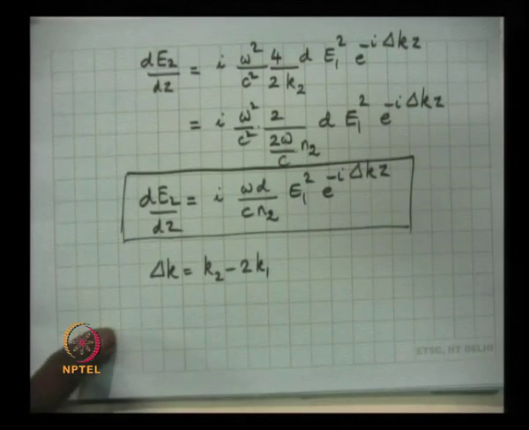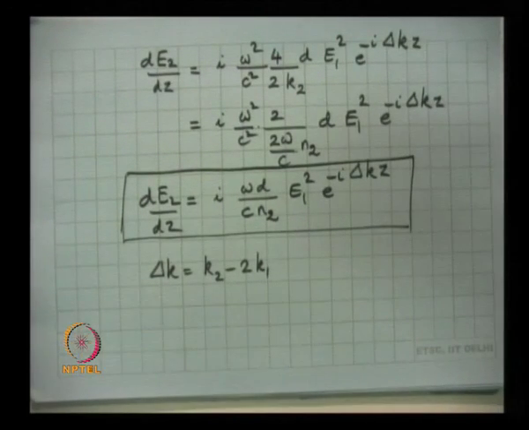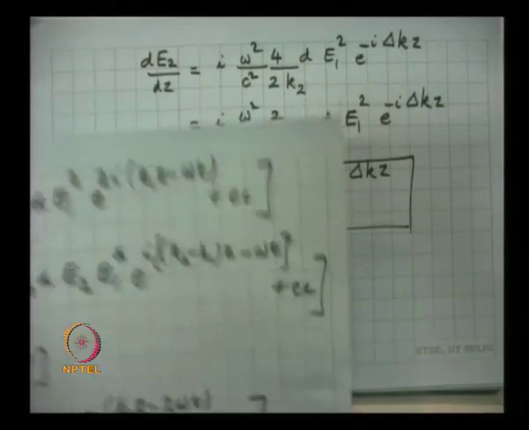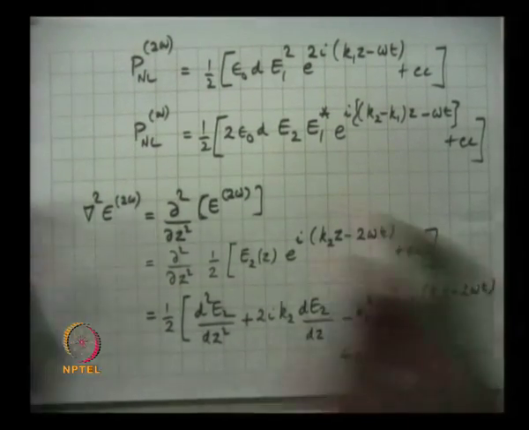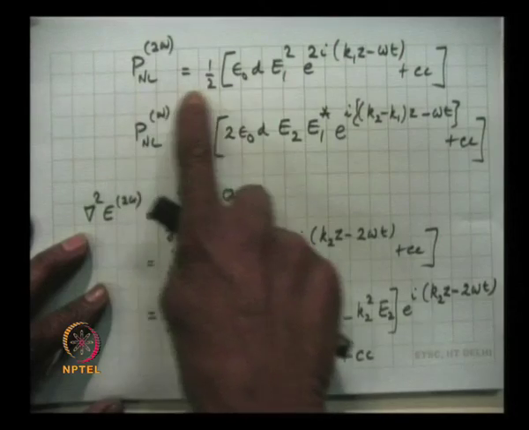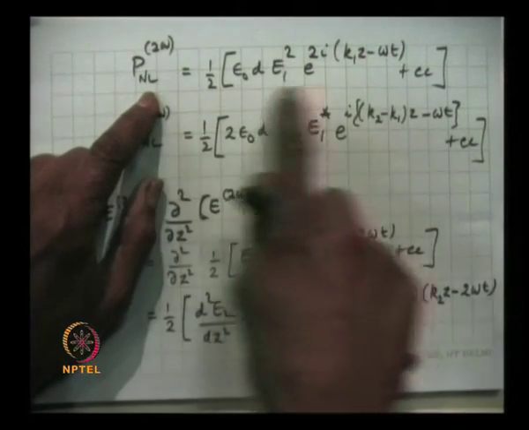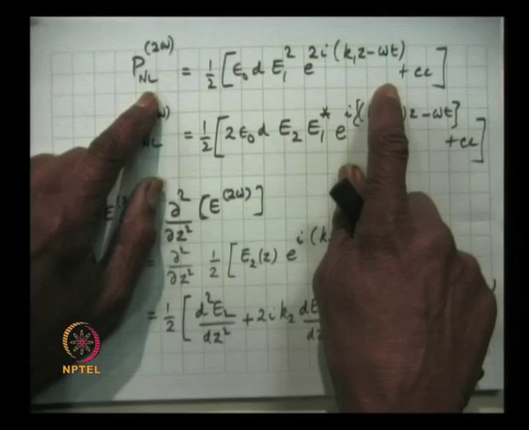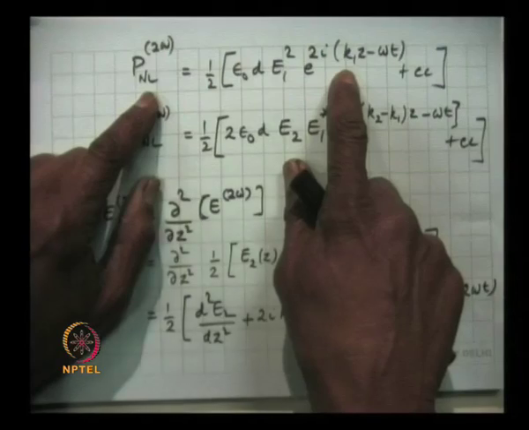Okay, so, before we solve this equation, let me look at this term here and tell you what is the meaning of it. It is a nonlinear polarization term. Look at this equation. This equation tells me the nonlinear polarization is also a travelling wave, kz minus omega t.